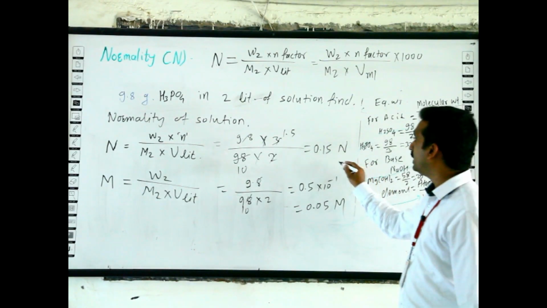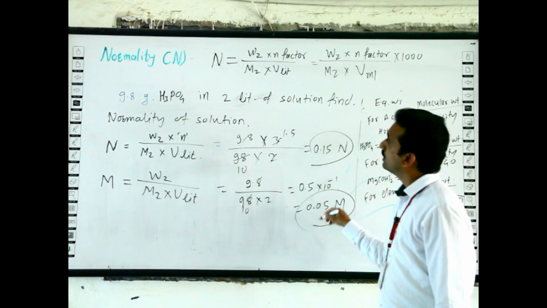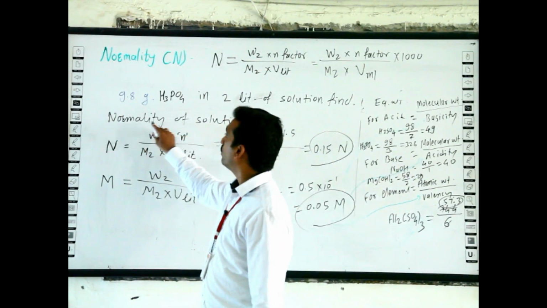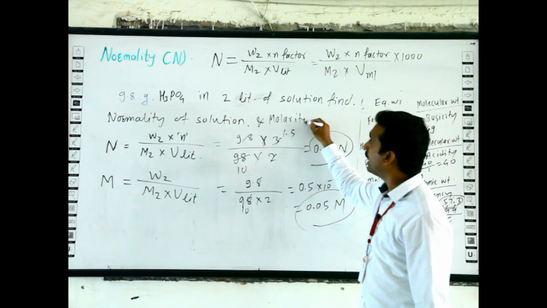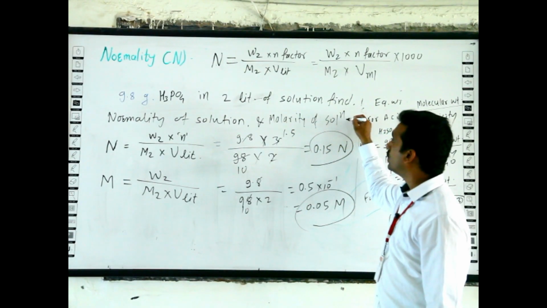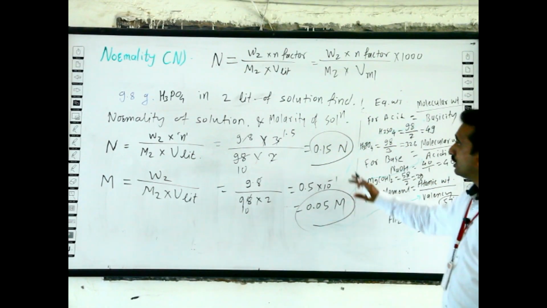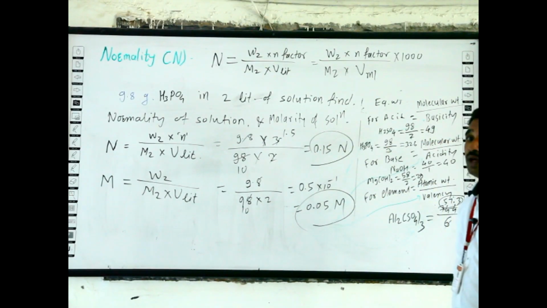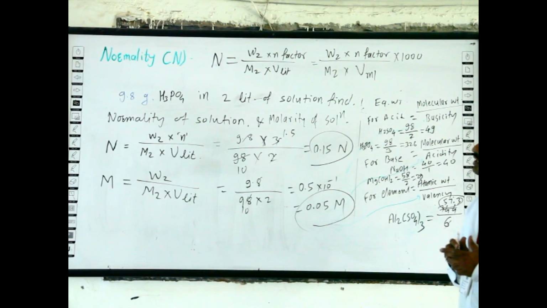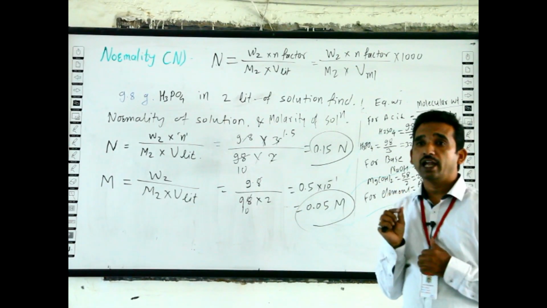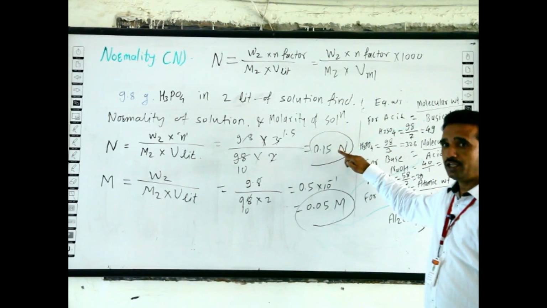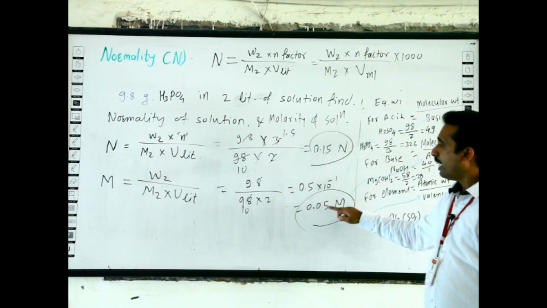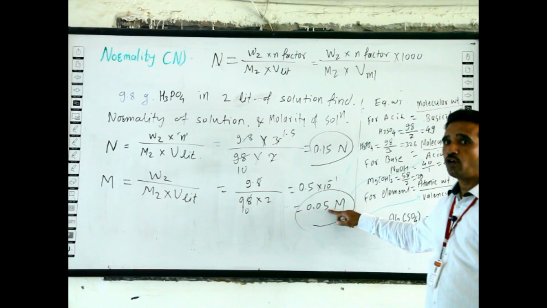And from these two cases, we have found the normality of solution and molarity of solution. Thus, we can determine the relationship between normality and molarity. Normality is n times that of molarity.